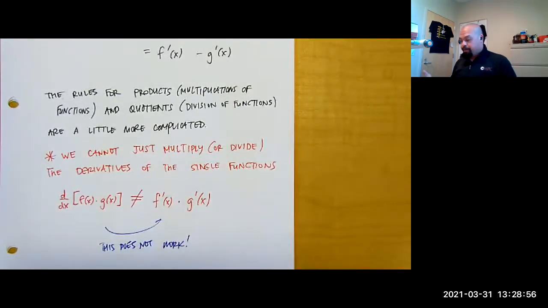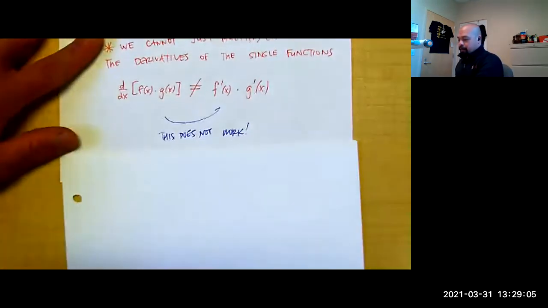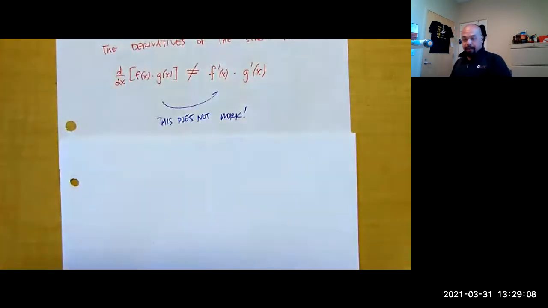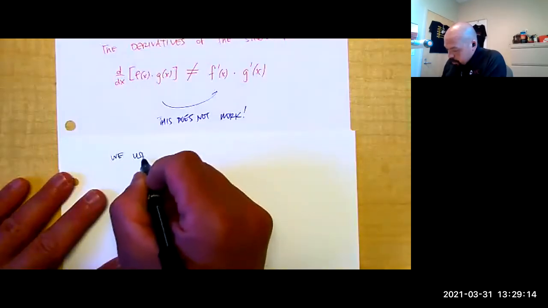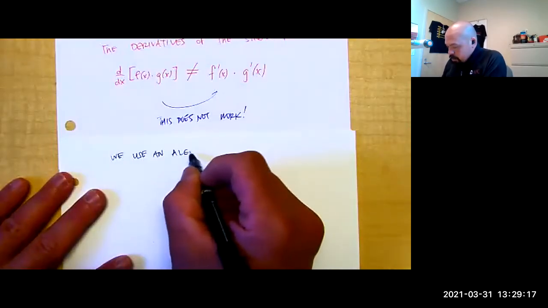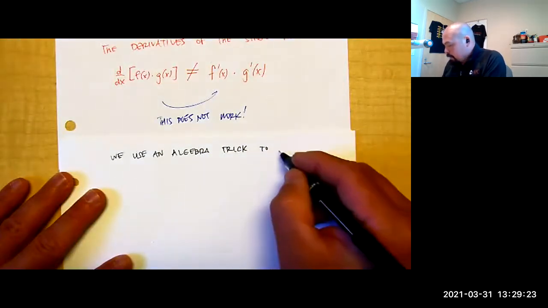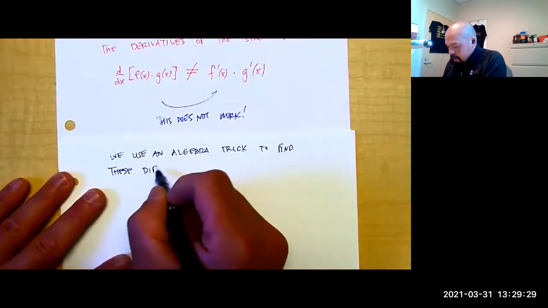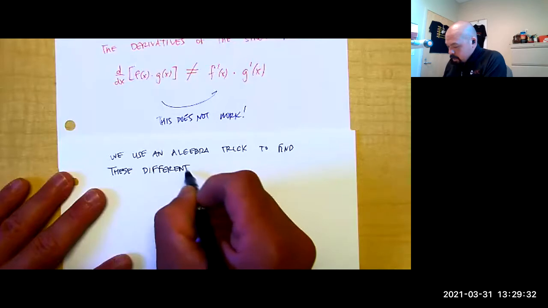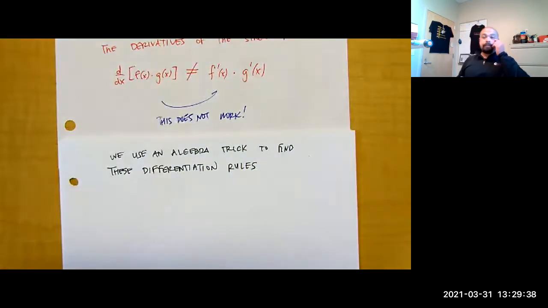So instead we need to go through a little bit more work, okay? And so what we're going to do is the following. This is just the setup, and then we'll get into the business of actually taking the derivative of that product and quotient, okay? And here we use a kind of algebra trick to find these differentiation rules, these steps, to get the derivative of the product and the quotient.